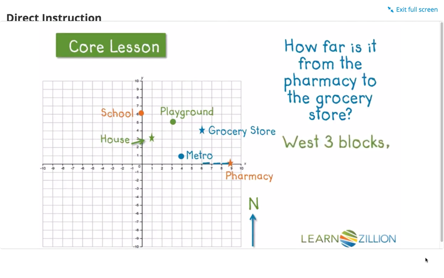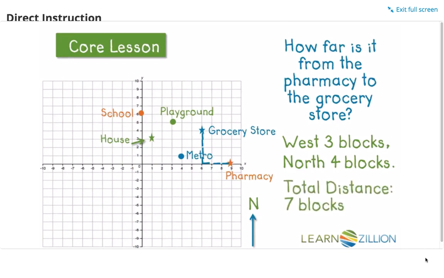The grocery store is up from the pharmacy, or north. And from where I ended before, it is up 1, 2, 3, 4 blocks. So I would also go 4 blocks north. So to get from the pharmacy to the grocery store, someone would have to travel west 3 blocks and then north 4 blocks for a total of 7 blocks.